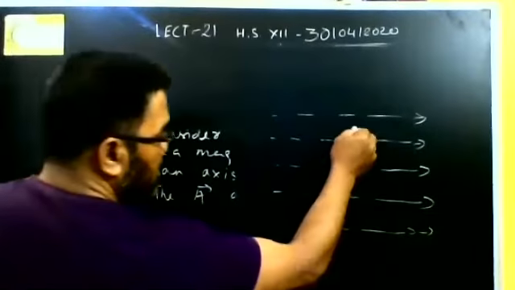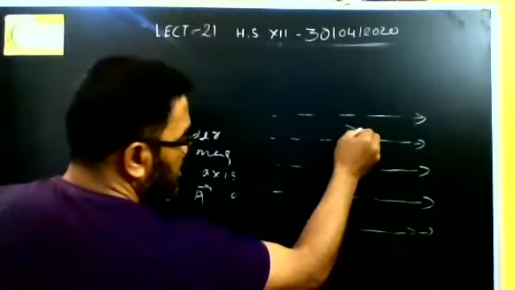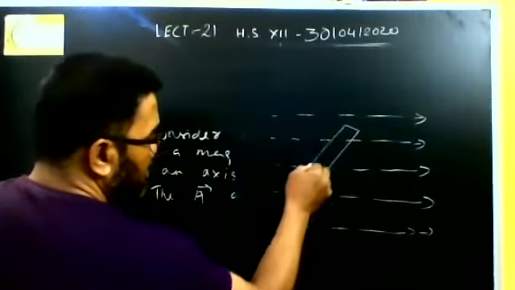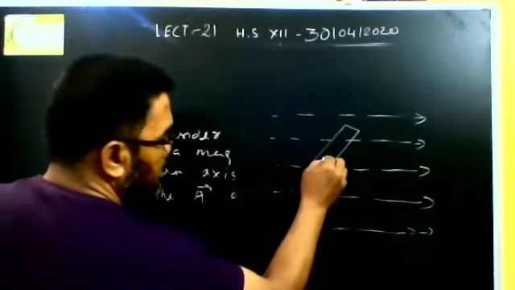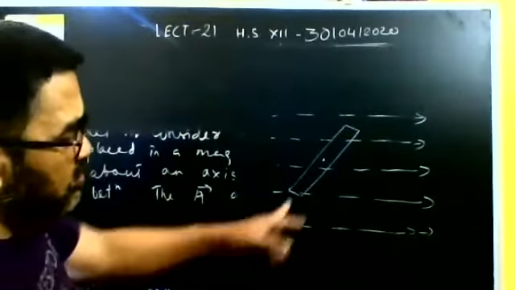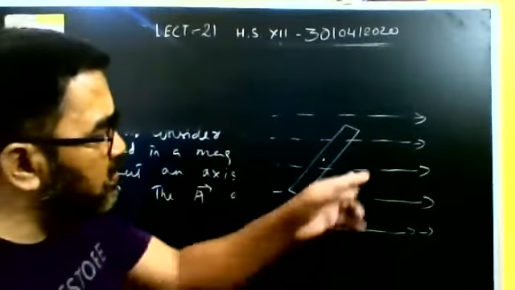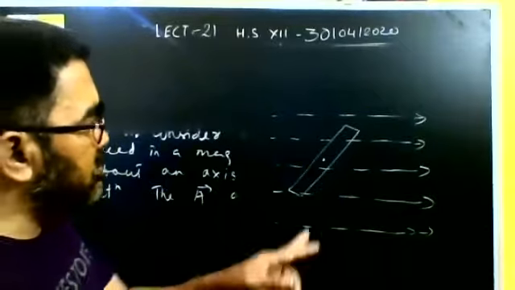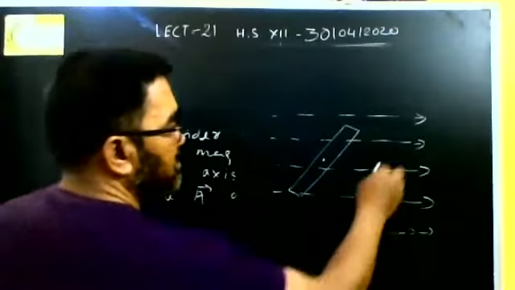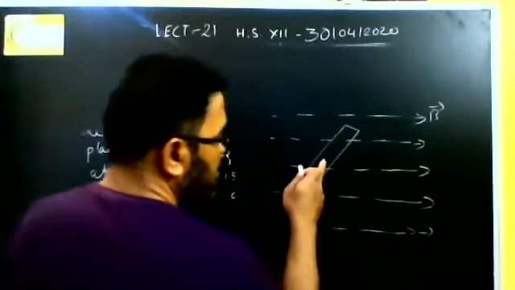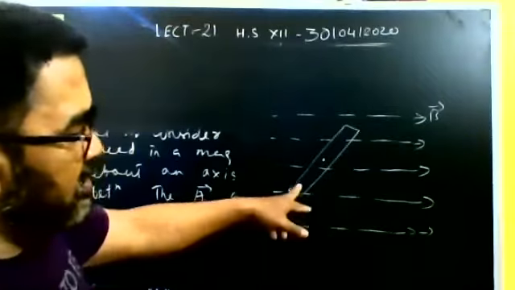So if the coil rotates about an axis which is perpendicular to this blackboard, it must be perpendicular to the magnetic field direction also.